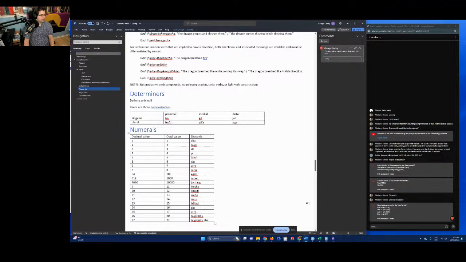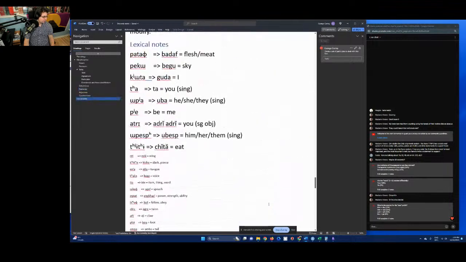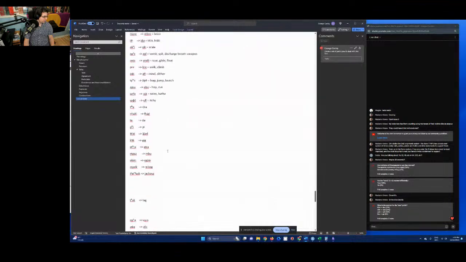But let's jump into Lexergy and figure this out. So this is neutral. I have all of the original roots here, right?